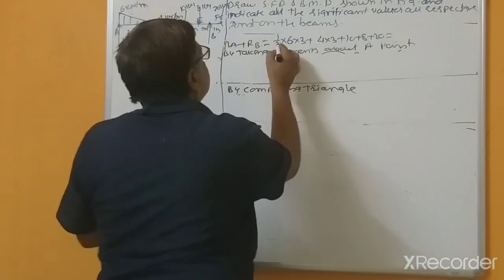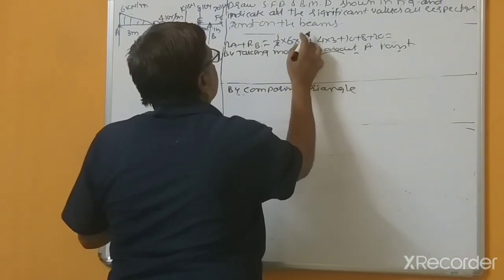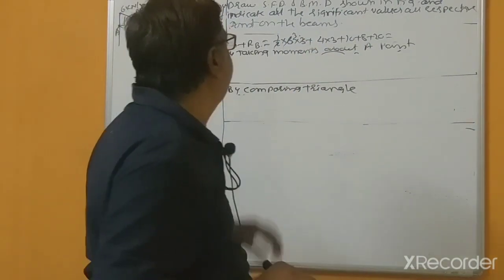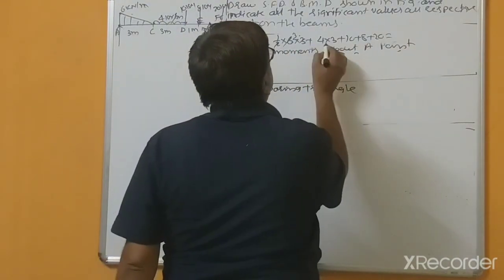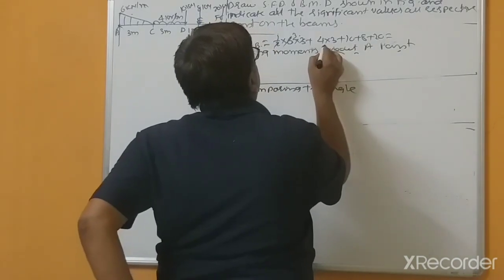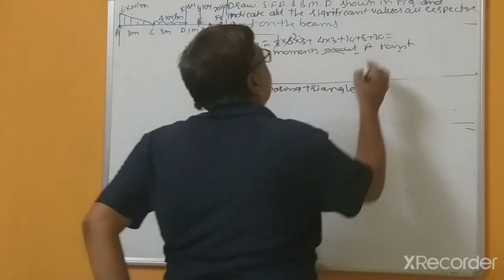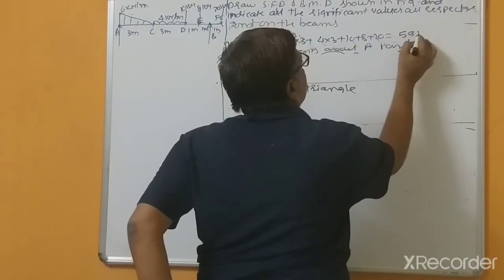So this is 9 plus 12, 21, 31, 51, 59 kilonewton.